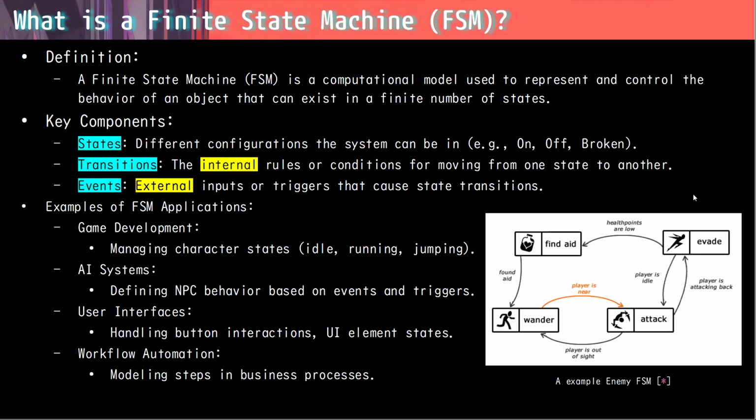Okay, clear? So let's go back to the content over here. Definition. What is a finite state machine? A finite state machine is a computational model used to represent and control the behavior of an object that can exist in a finite number of states. Mr. Fu, you say finite, right? Are there any infinite state machines? Well, yes, there may be some infinite state machines, but it's not implementable.